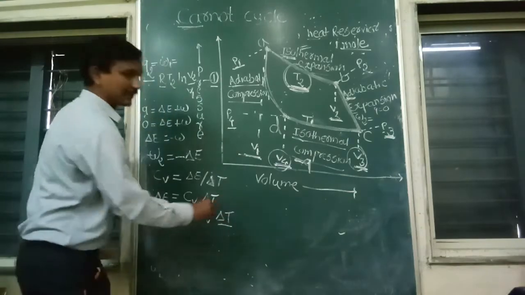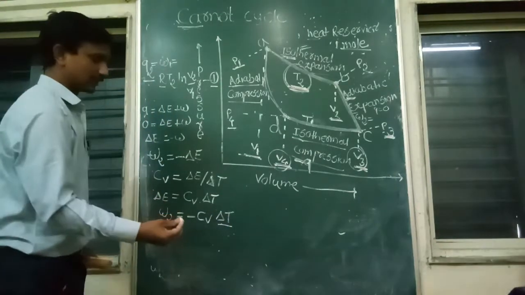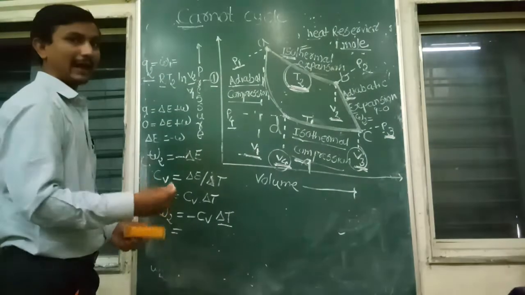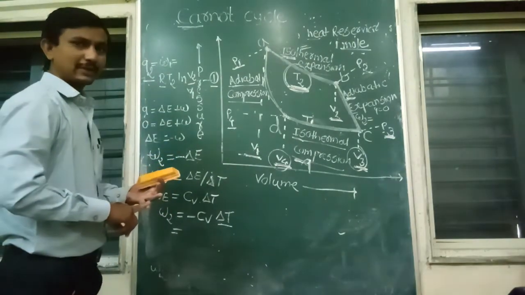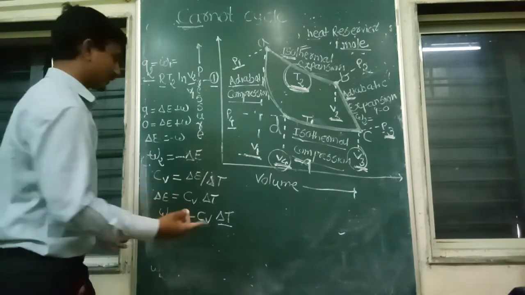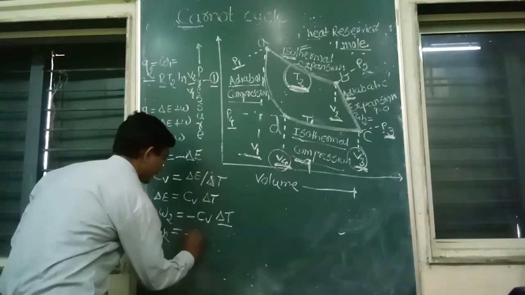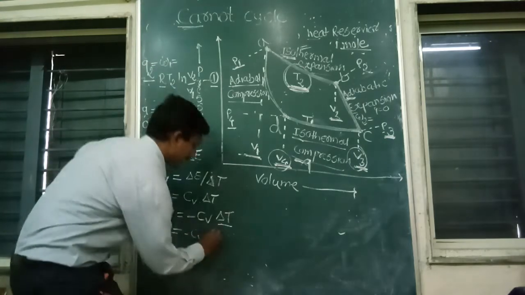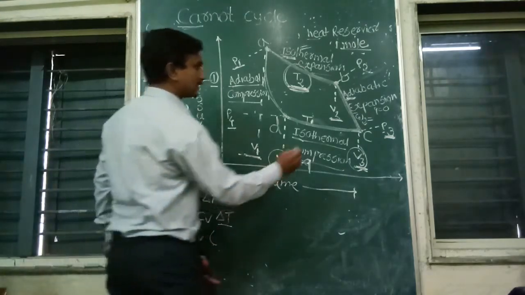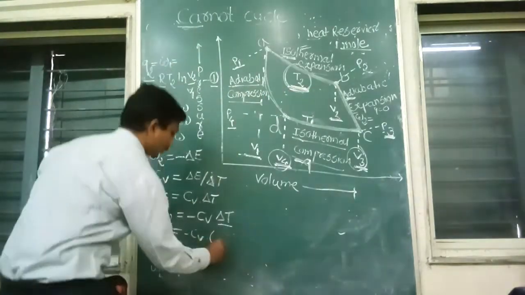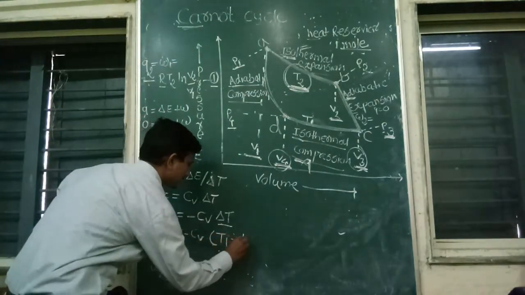Delta T is the change in temperature. So change in temperature can be determined by final temperature minus initial temperature. Here W2 is equal to minus Cv. Here final temperature is T1 and initial temperature is T2. So T1 minus T2.